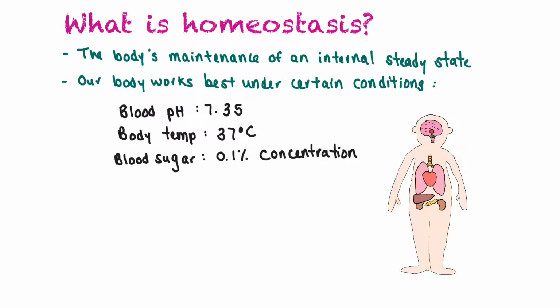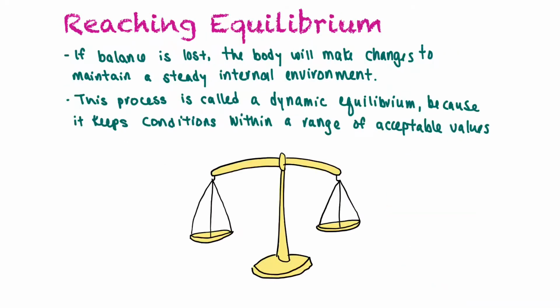But it also produces hormones that help control our body. So they would control, perhaps, our breathing rate or the depth of our breathing, our heart rate, our liver, our pancreas, our kidneys, and so on. So homeostasis is maintaining that internal steady state.